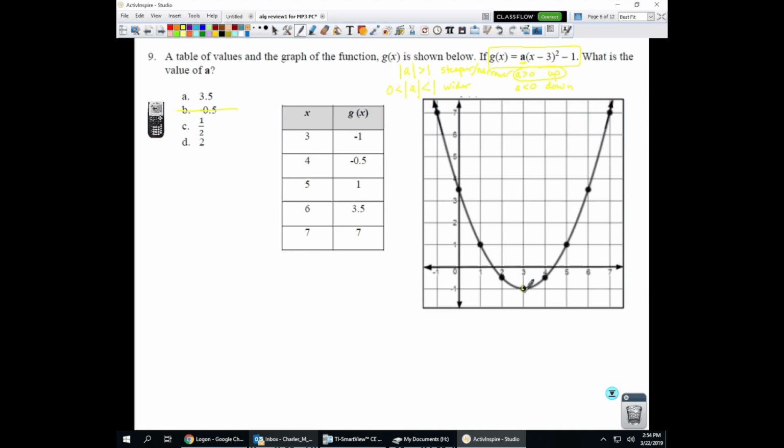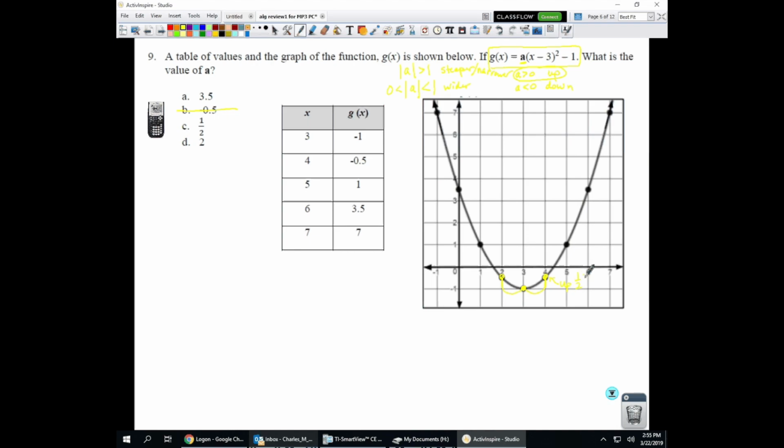So what we do is identify the vertex, and if you look one place to the left or right and determine how far you have to move either up or down to get to a point, that is your a value. So what I'm seeing here, when I go either left or right one place, I need to go up not even one whole unit. It looks like it goes up 1/2.